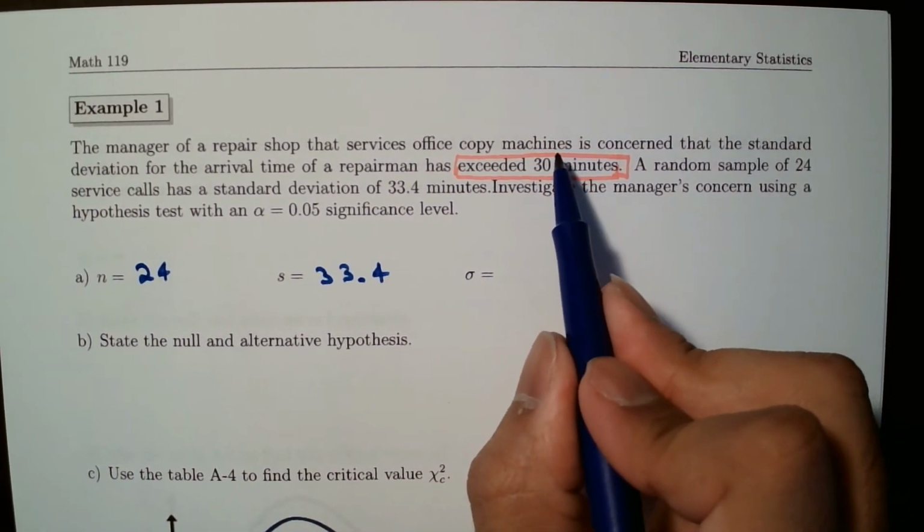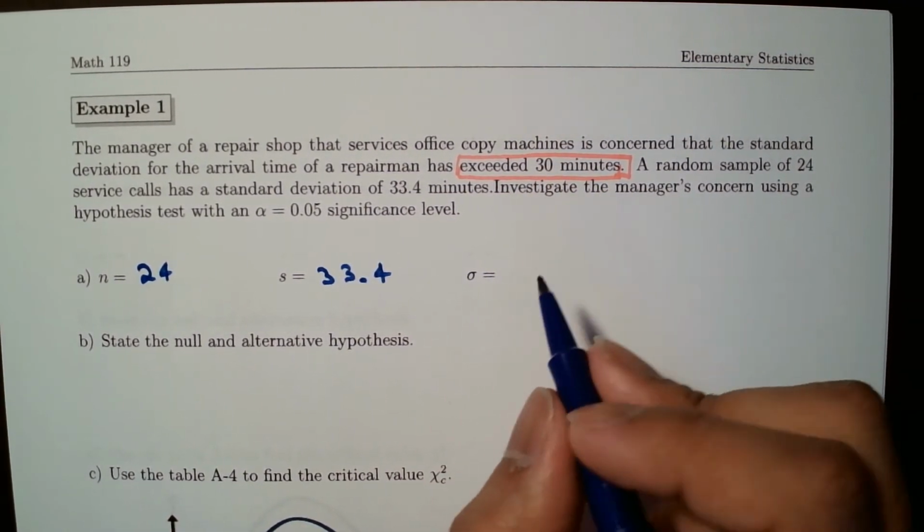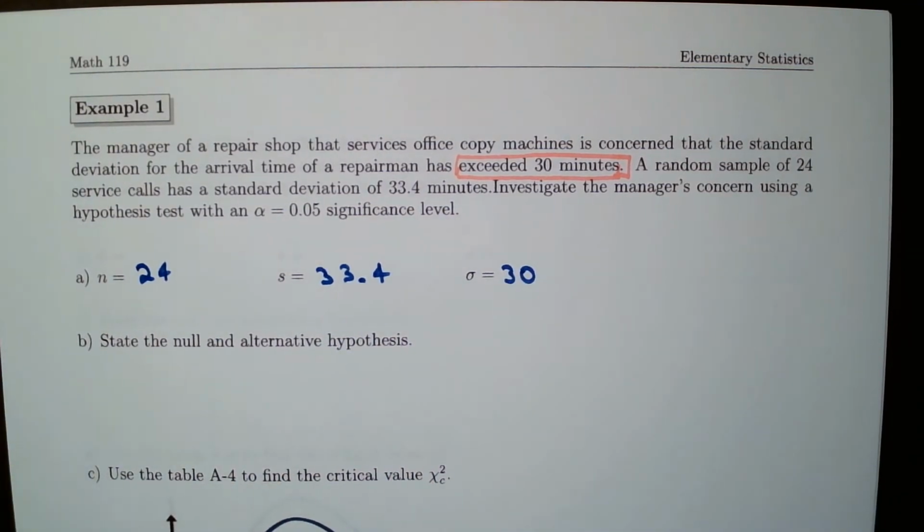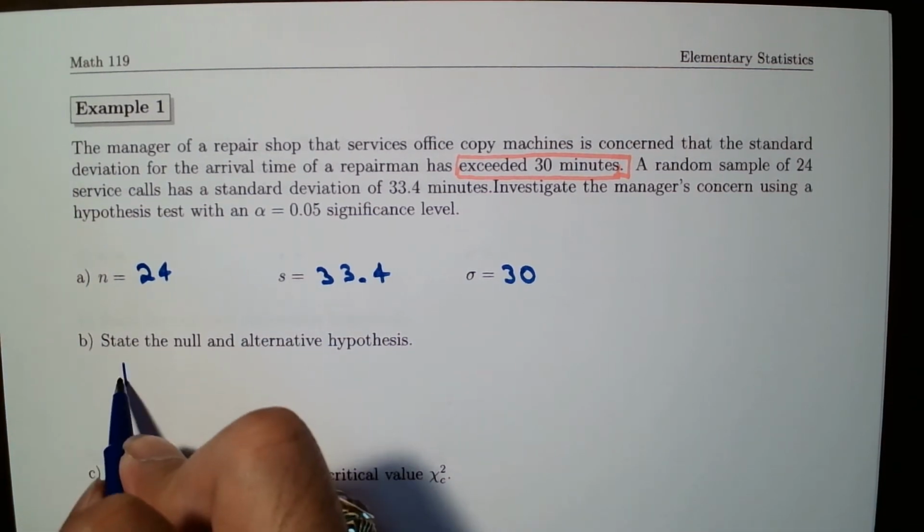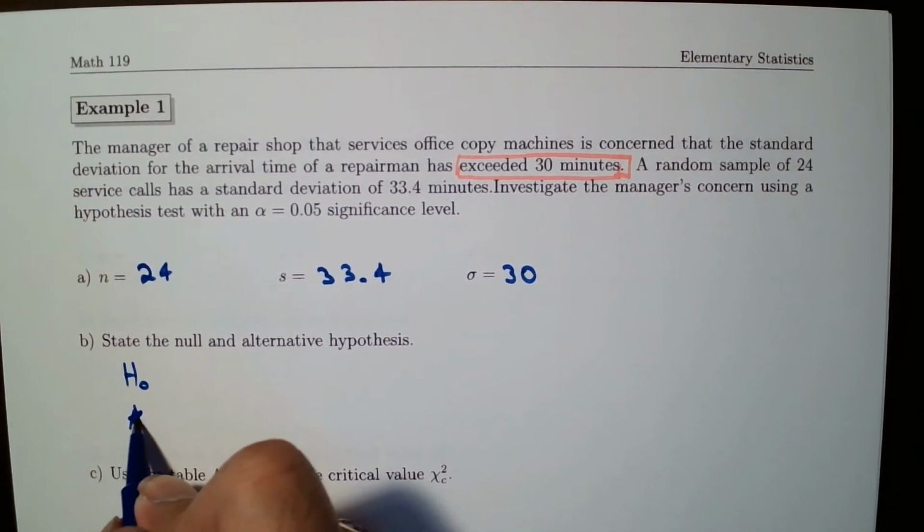And then the one that is believed to exceed is 30 minutes. All right, let's state the null hypothesis and the alternative hypothesis as usual, the H0 and the Ha.